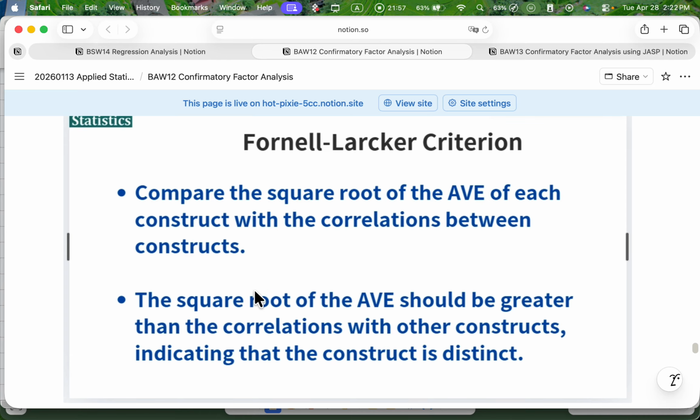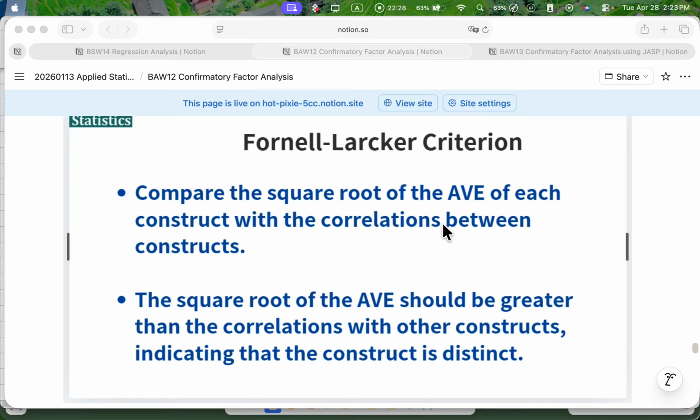Now I want to show the Fornell and Larcker criterion. There's another important piece of information you need to report in your paper, in your term project. The Fornell and Larcker criterion compares the square root of AVE for each construct and the correlation between the constructs.